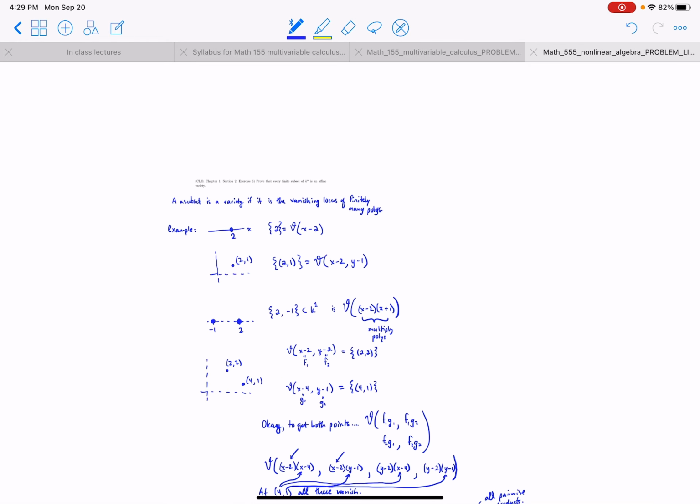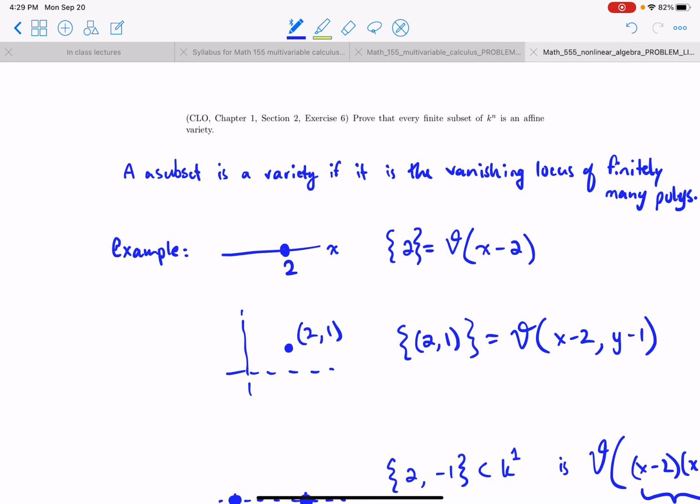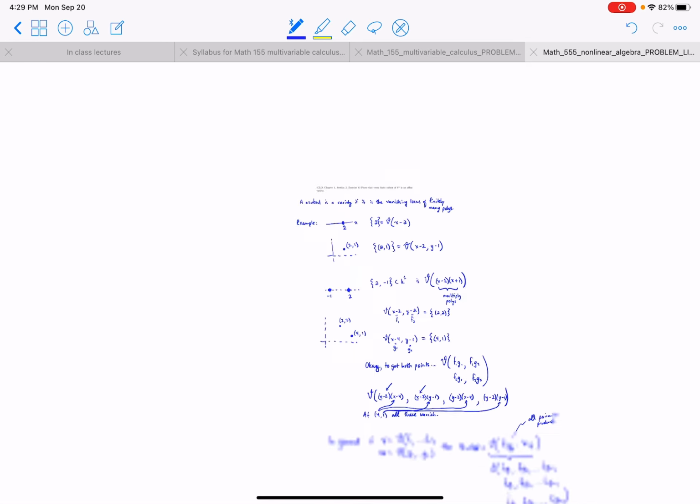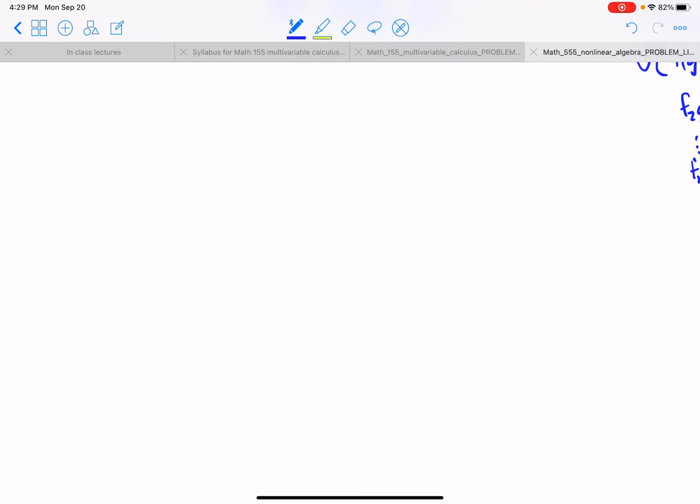Okay. So now let's go back to the original question. Prove that every finite subset of k^n is an affine variety. Well, so proof.